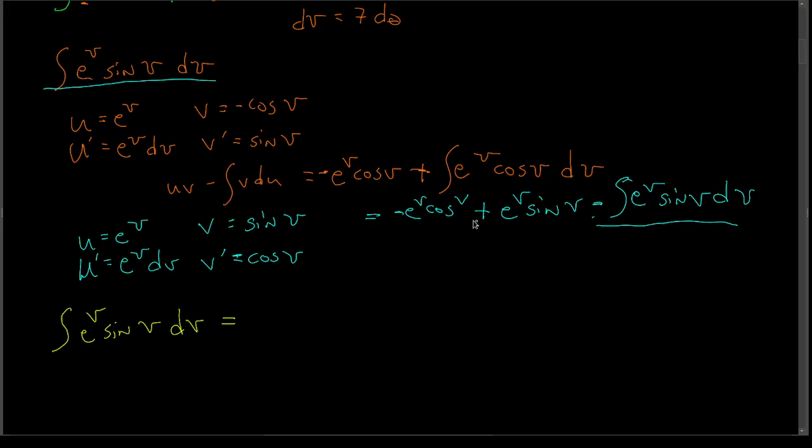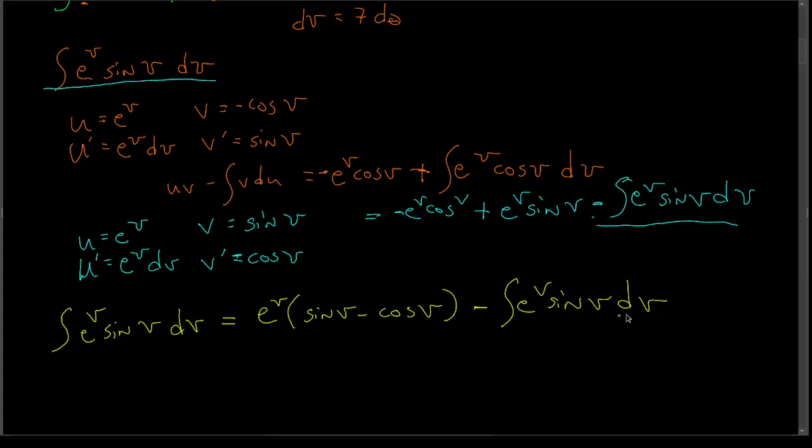I'm going to do a little bit of rearranging. I'm going to put my positive terms first. I'm going to factor out this e nu, and then I'm going to have a positive sine nu minus cosine nu. Right, that's those two factors that are there. And then minus the integral of e nu sine nu d nu.